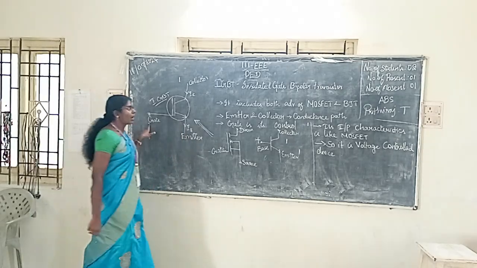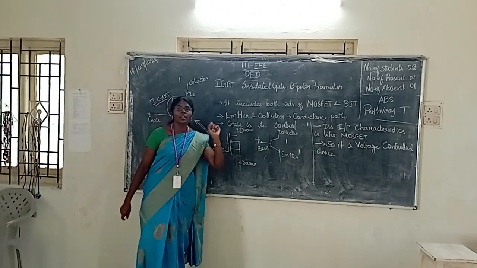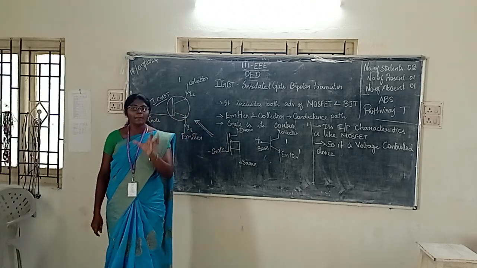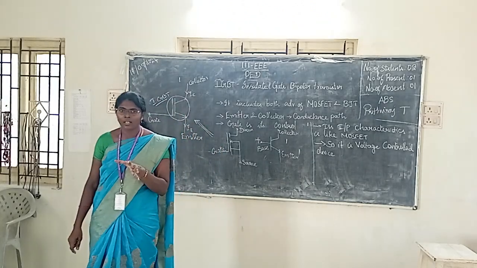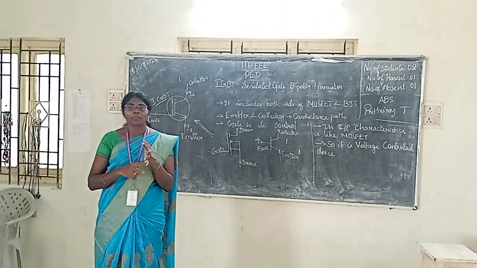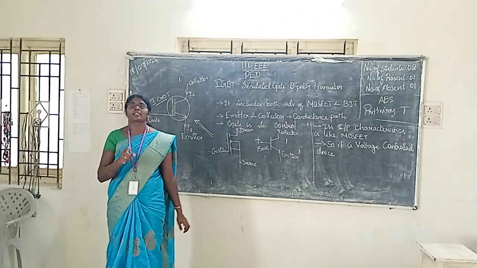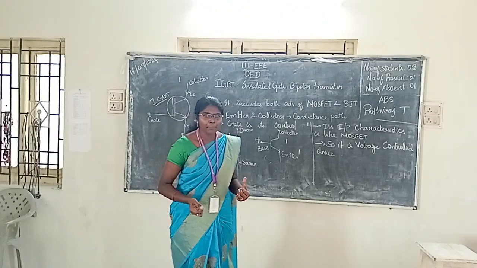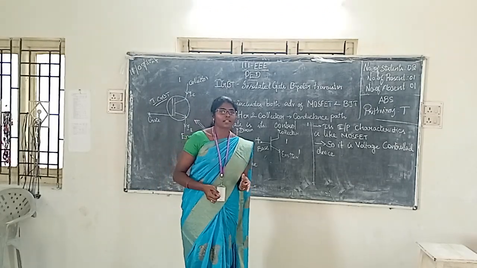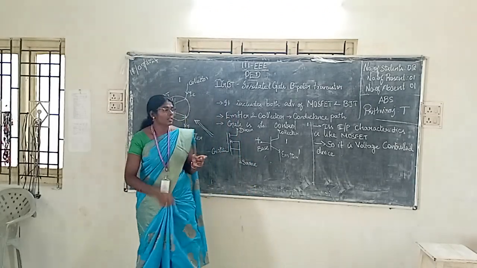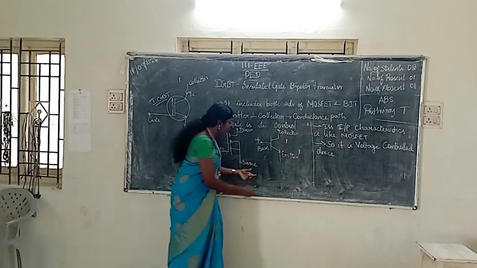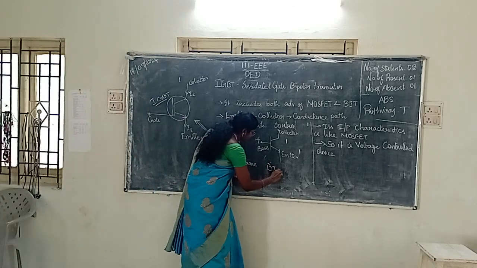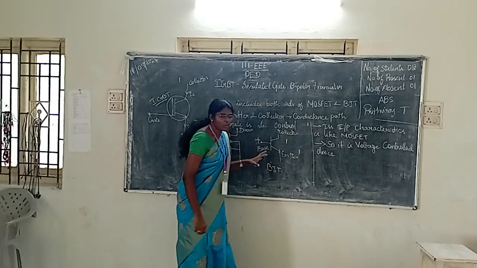For the IGBT, you come to know that it has a bipolar transistor. Bipolar transistor means there is already a device I told you about, the BJT, bipolar junction transistor. This is the symbol of the BJT. You won't be studying its working principle, that's a normal one.